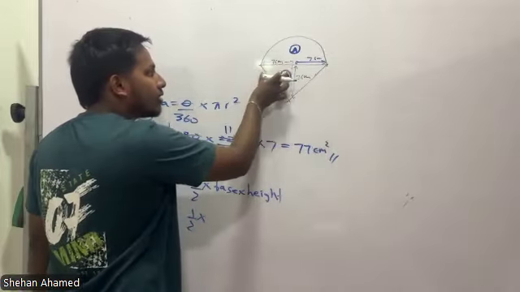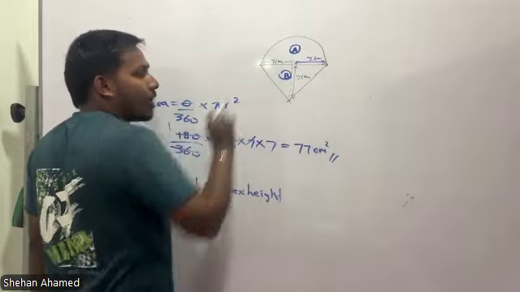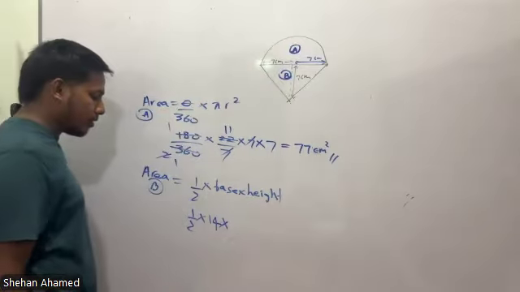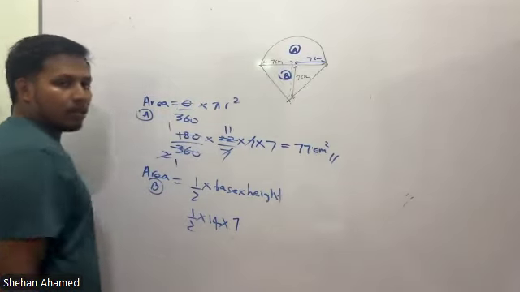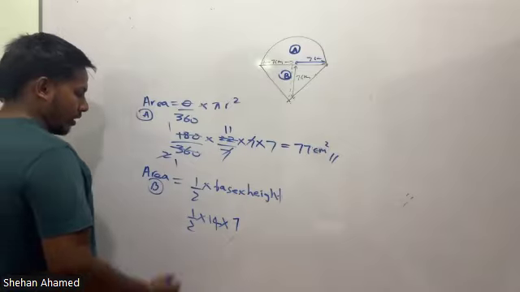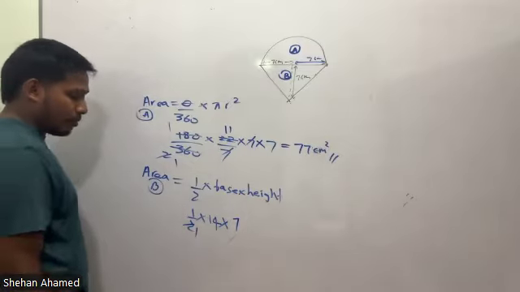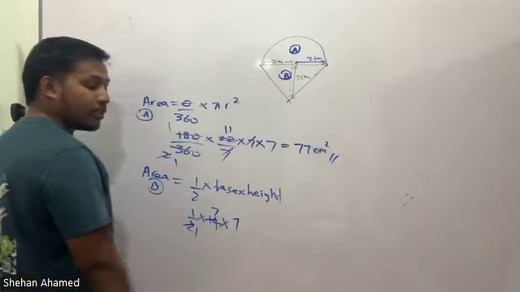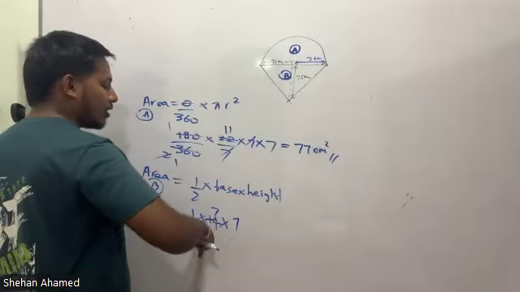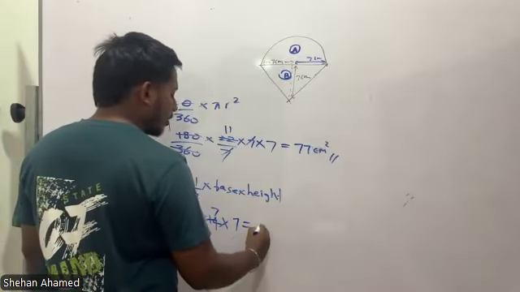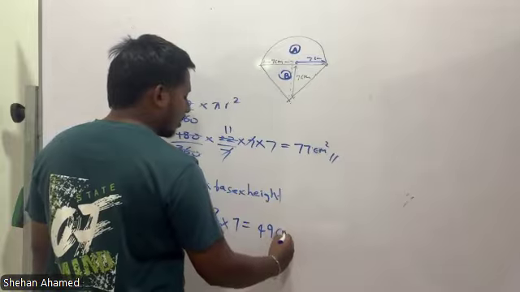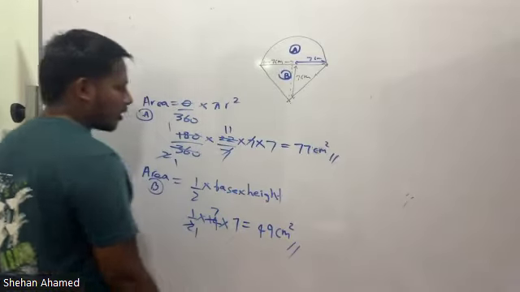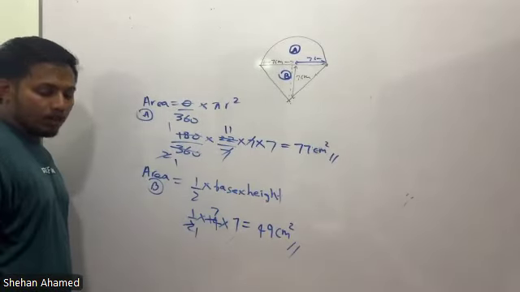Remember, it's not just 7. It's 7 plus 7, which is 14. And there's a height here, a perpendicular height, which is 7 centimeters. We're going to mention that too. Now here, 2 times 1 is 2, 2 times 7 is 14. The final answer is 7 times 7, it's 49 centimeters square.